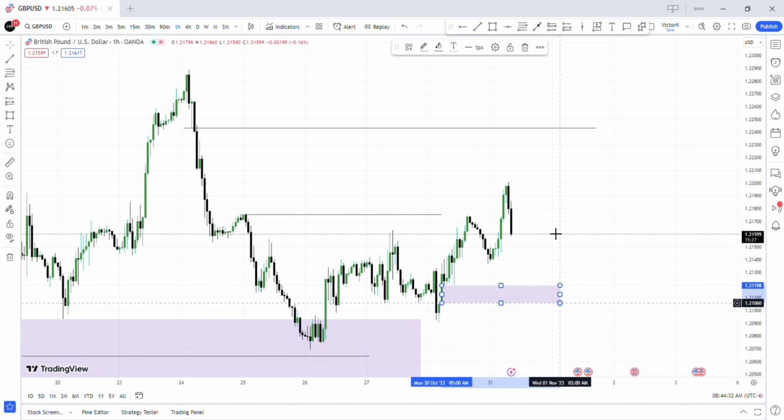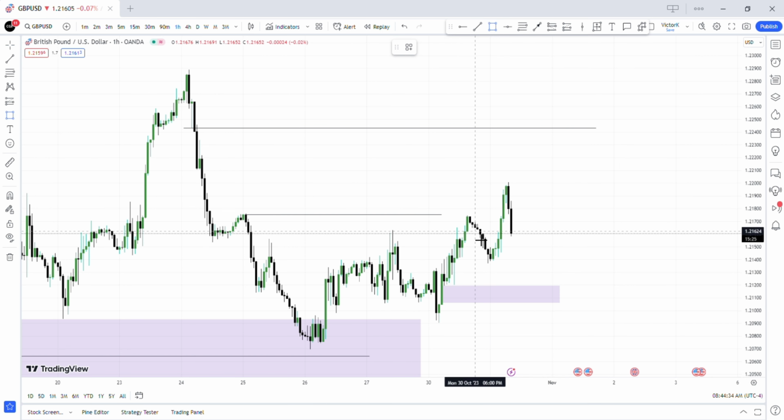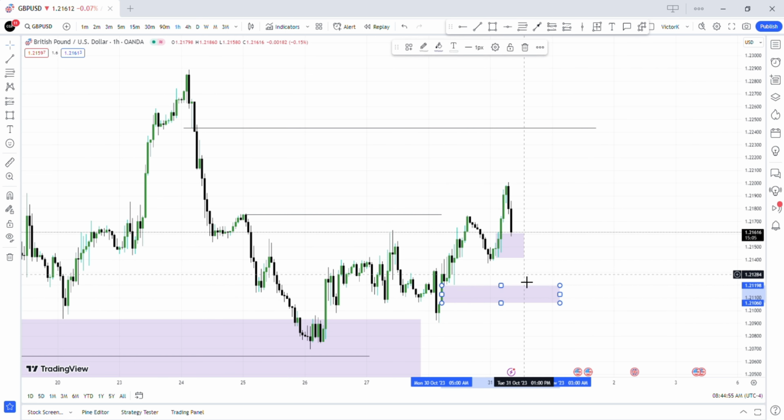But for now, what I think is going to support price is this area where we already are now, the possible buy area, so we should see some strength from here. But if not, it may take this low and come down into this fair value gap over here.